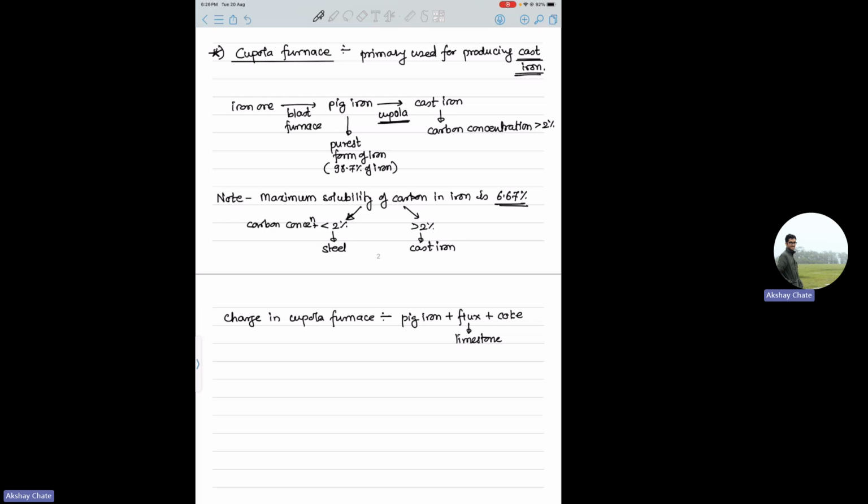So basically, they float on top of your cast iron liquid, and that's easy to separate. Okay, so that's why flux is put. Sometimes it also avoids direct contact of coke with the ore, because then your carbon concentration will be very high if it is direct mixing like that. So that's why flux is put, most of the time.